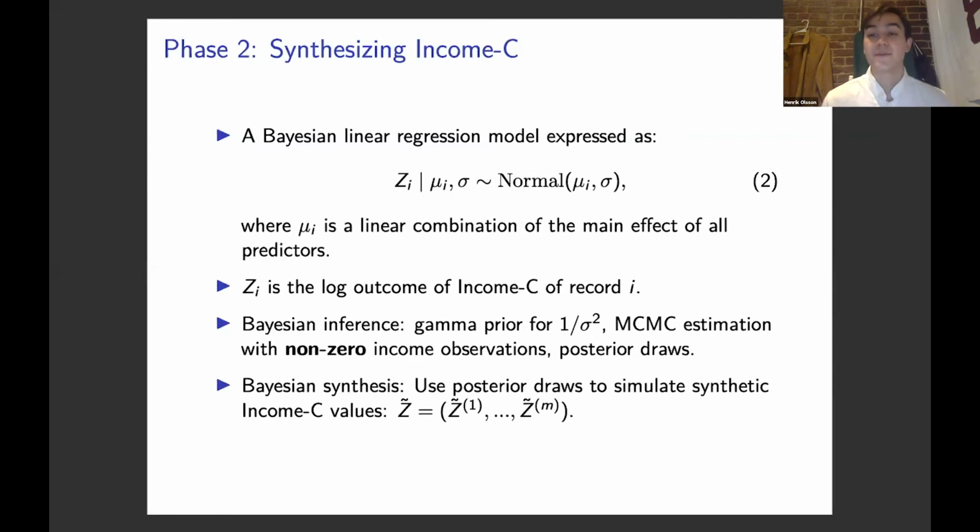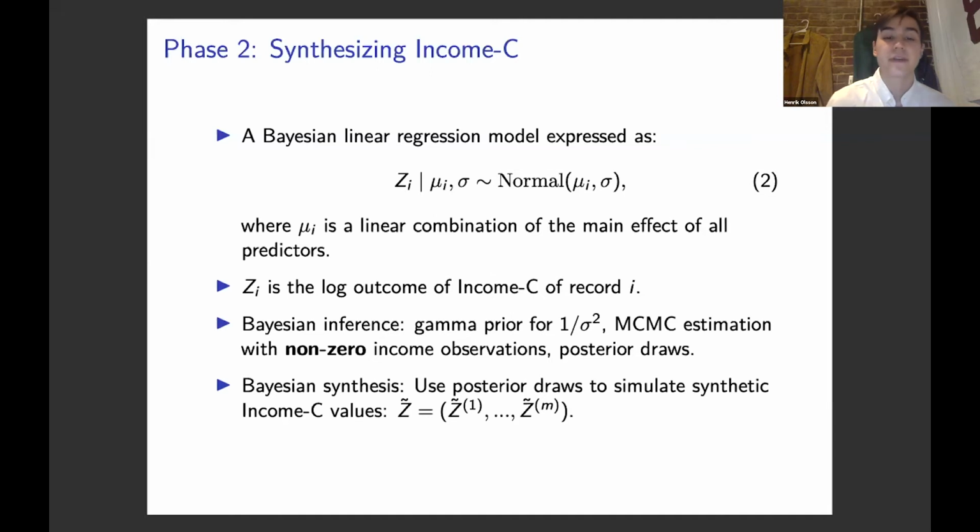Then in phase 2, we synthesize the continuous income using a Bayesian linear regression model. In this case, we have random variable zi, which is the log outcome of income C of record i. This follows a normal distribution with mean mu i and standard deviation sigma, where mu i is a linear combination of the main effects of all 7 predictors.